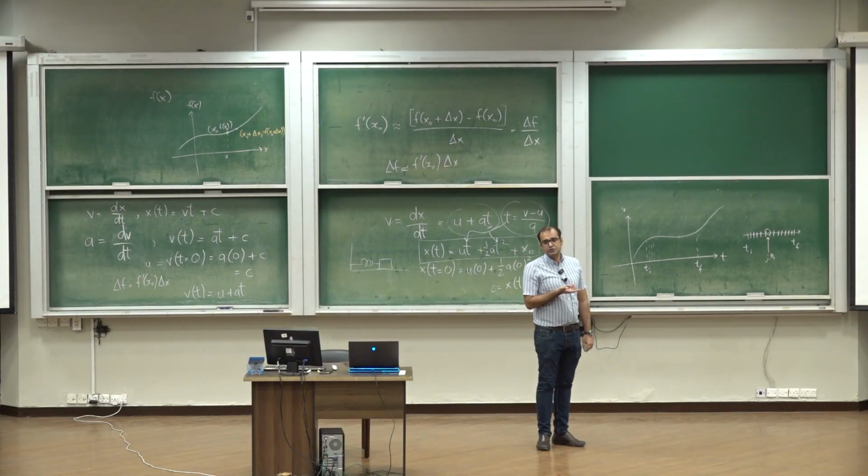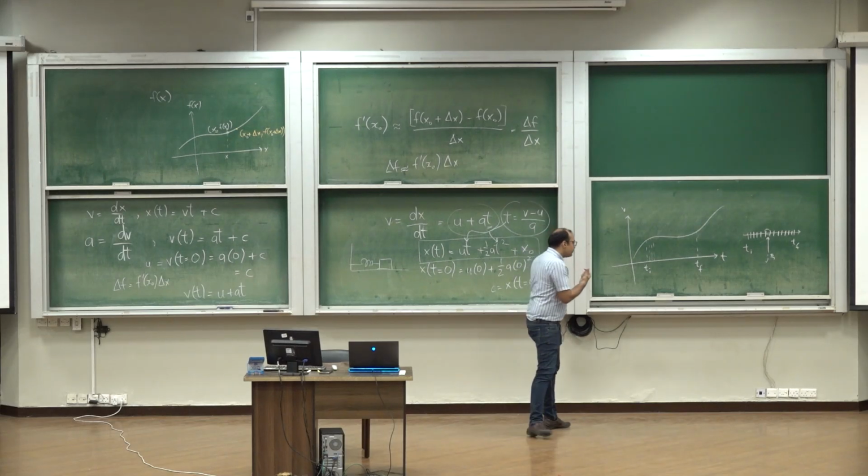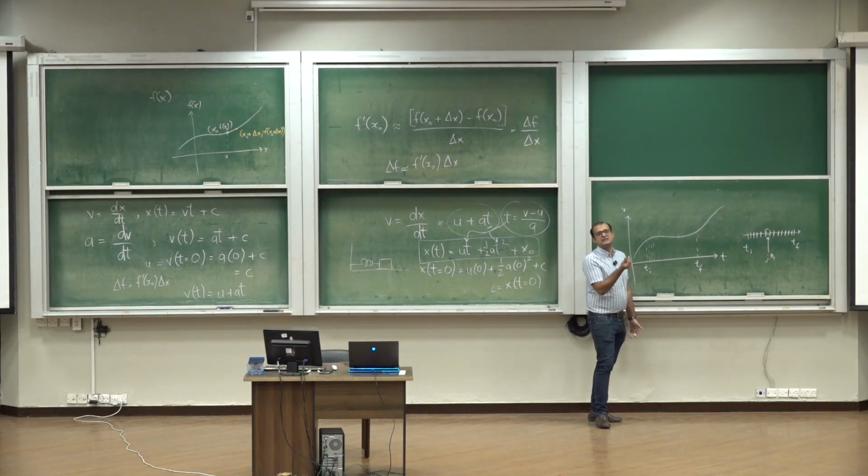During that very short time interval, the speed just does not have enough of a chance to appreciably change. So therefore I can go back to grade 6 and just say that the distance moved during this very short time interval is simply the speed of the object for this short time interval multiplied by the length of this time interval.